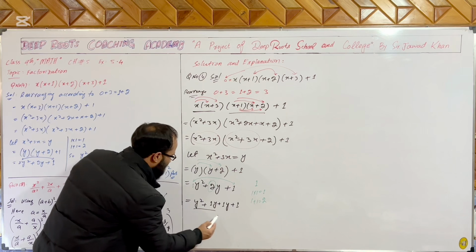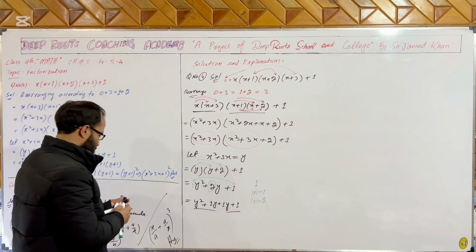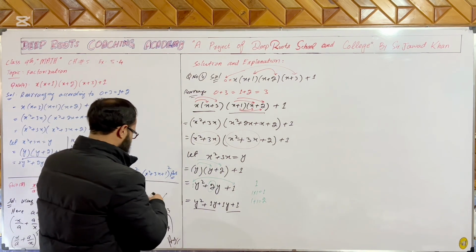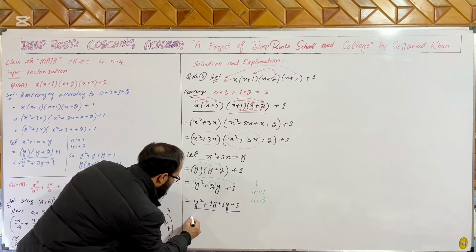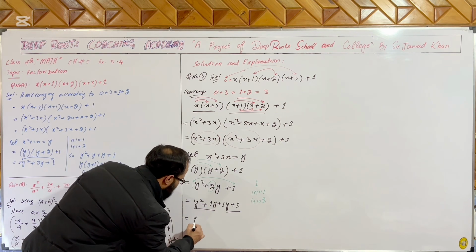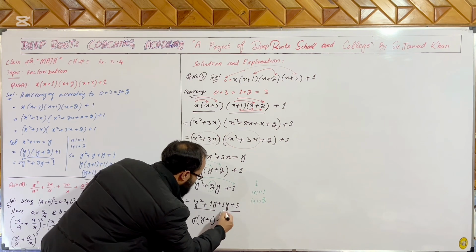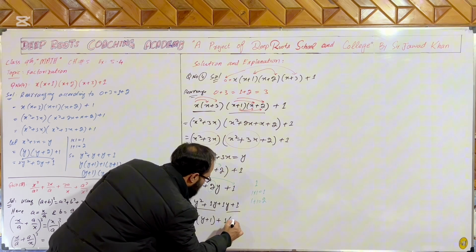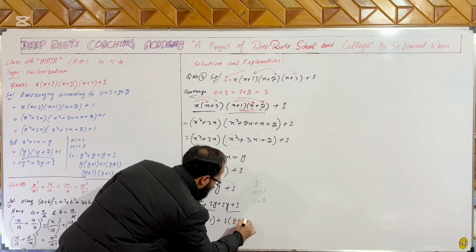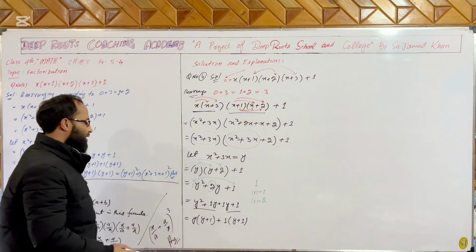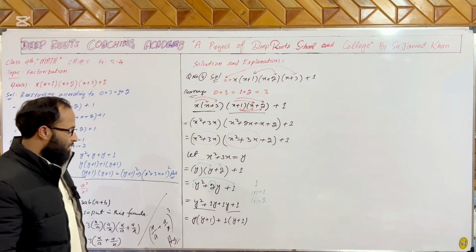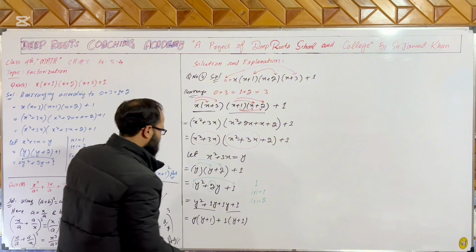Now take common in these two and take common in these two, so it will give us y square and y. So y is common, y plus 1 remains here. Here nothing is common, so 1 is common, 1 times y plus 1. If nothing remains here, 1 will be written again instead of that empty space.